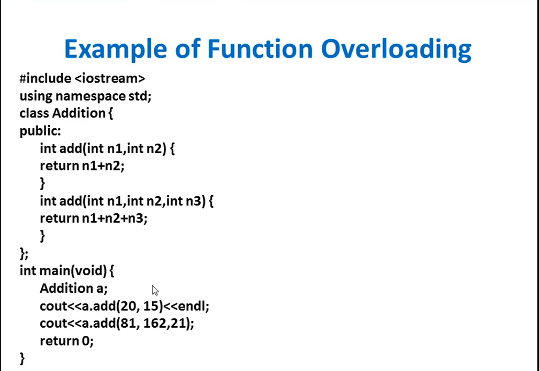When we call this function with the help of the object, at that time the compiler executes the two-parameter add function, and when we call a.add with 81, 162, 21, because there are three parameters, the compiler calls the other function. So the compiler avoids confusion with the same name but different parameters. Based upon the parameters passed, your compiler executes a particular function, and such implementation is called function overloading.